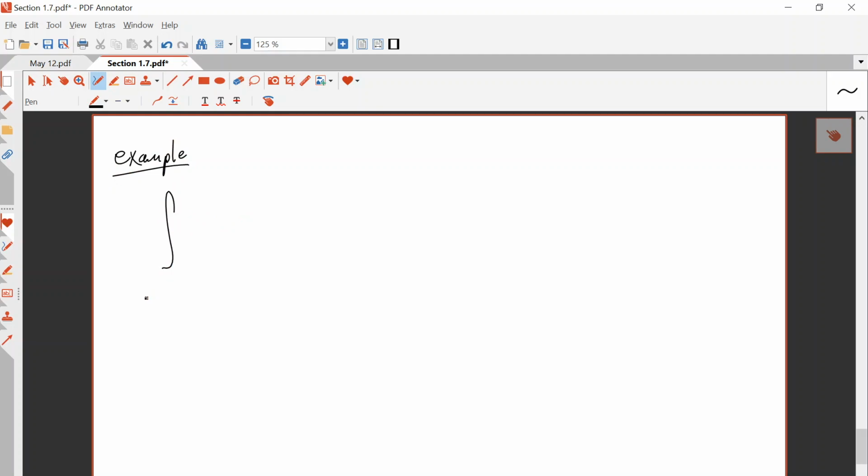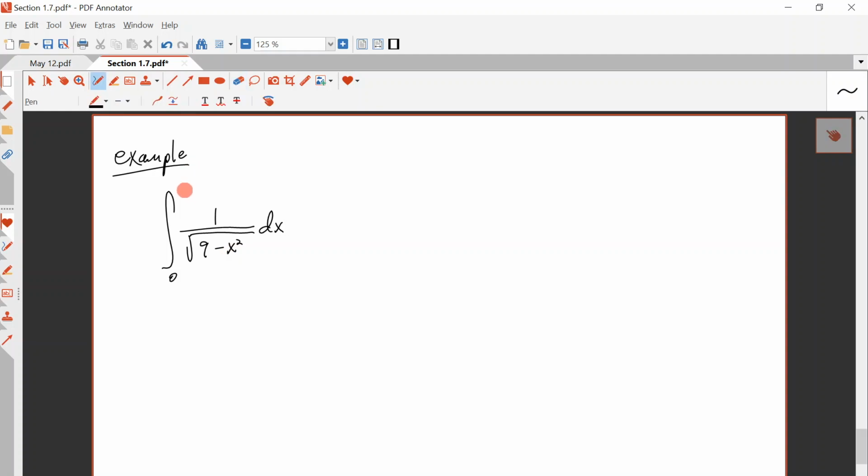So let's do, how about the integral from 0 to 3. I guess we can't do to 3 because that would be an improper integral. It's not continuous there.